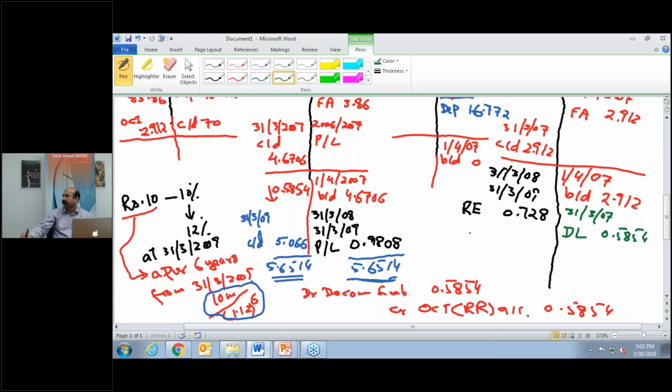Now the closing balance of the revaluation reserve will become 2.912 plus 0.585 minus 0.7, which gives us 2.7712.